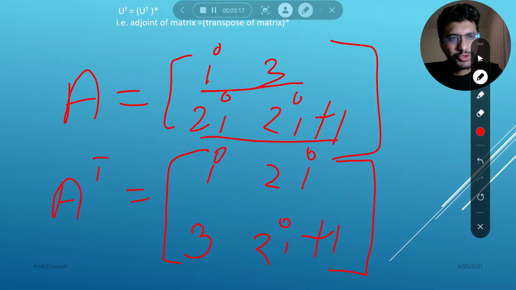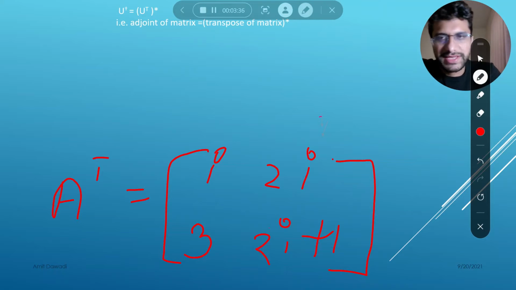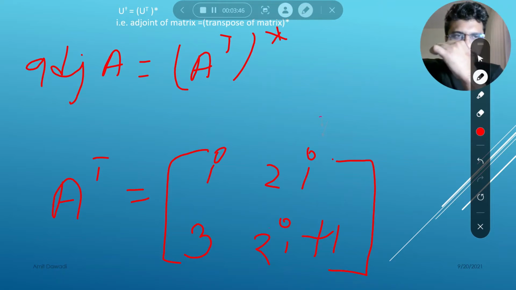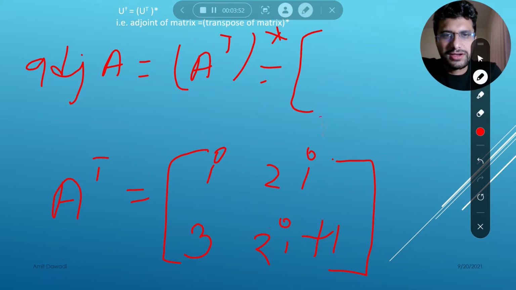Now, to get the adjoint of a matrix, we have to take the complex conjugate of the transpose of the matrix. So let me write the adjoint of matrix A. The adjoint of a matrix is written as adj of A, which is the complex conjugate of A transpose. So what I'm going to do is change the complex part.